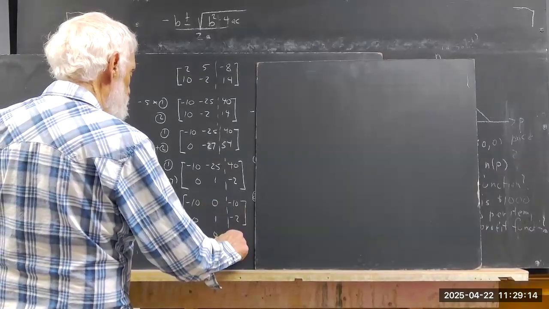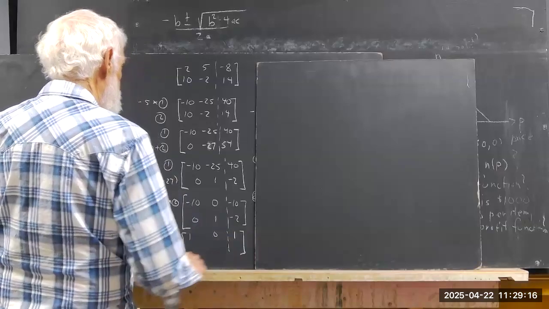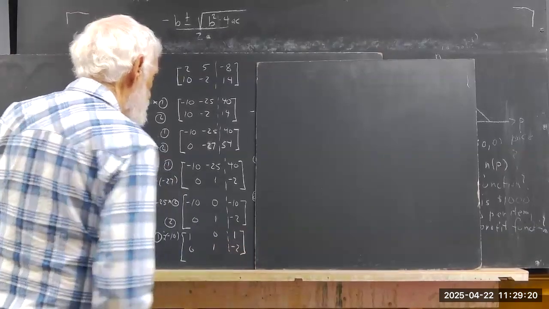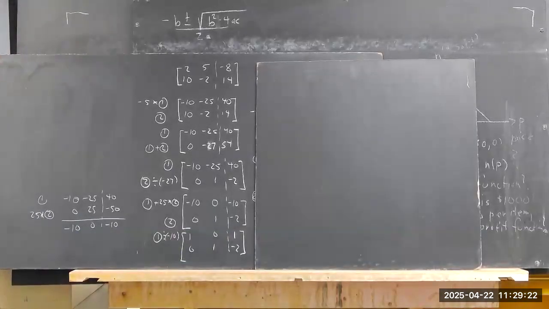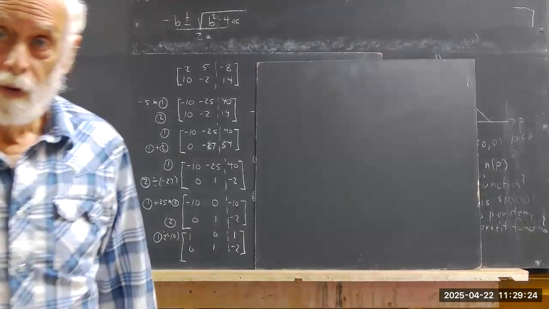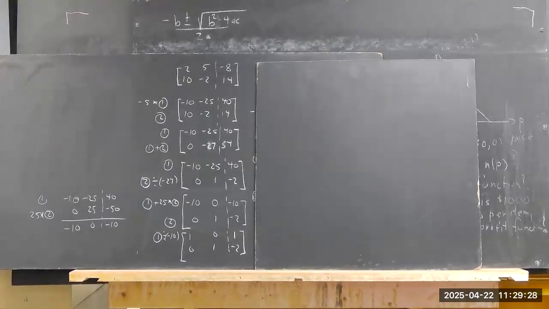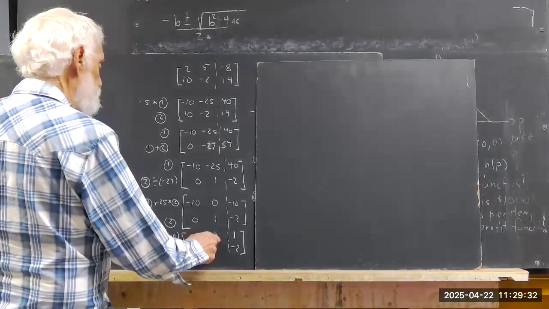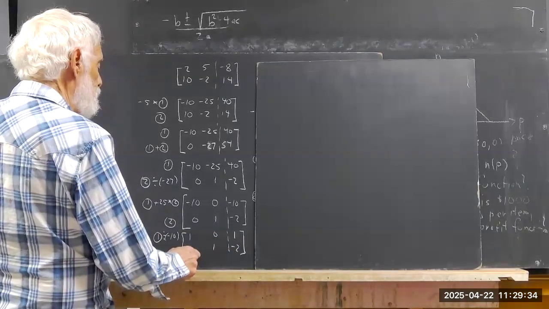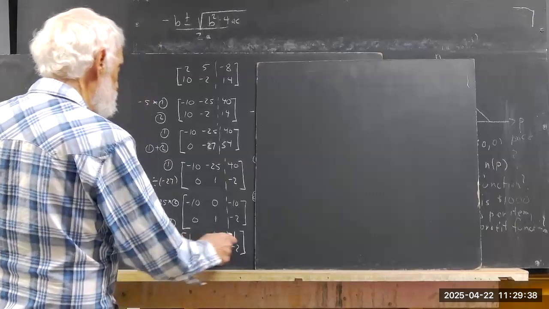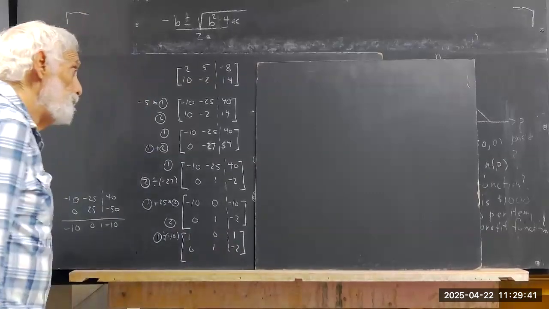And that's -10 divided by -10 is also 1. There I've got a matrix that stands for x equals 1, y equals -2. It says x plus 0y is 1. No x's plus y equals -2. So x is 1, y is -2.